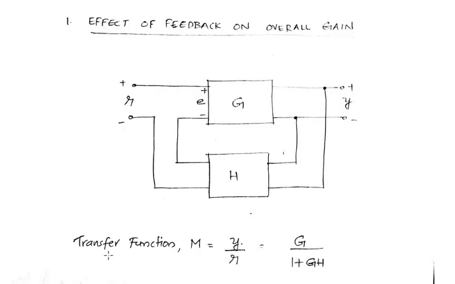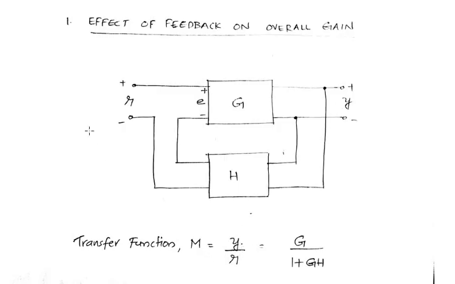This is very important. Sometimes we have to use this expression in doing problems. So the overall gain of the system or the transfer function is nothing but output by input.